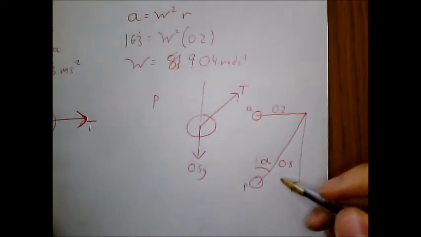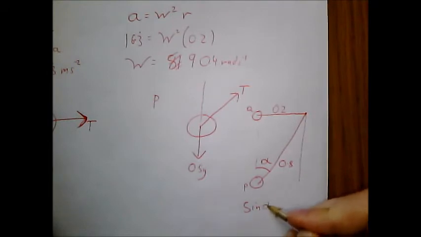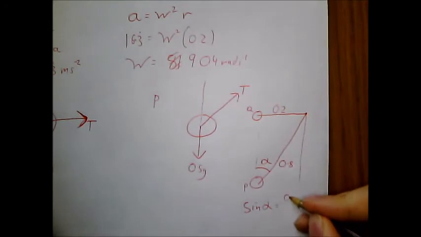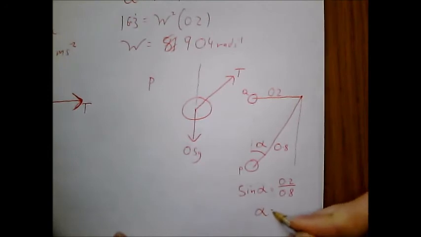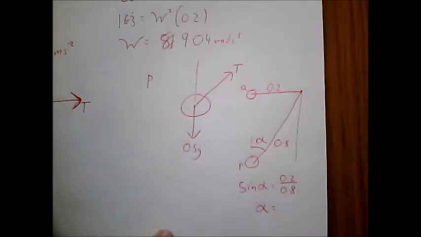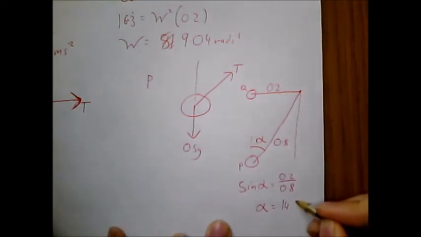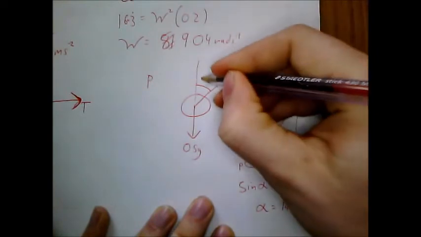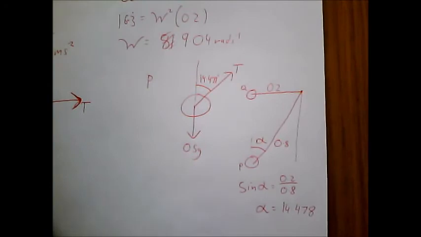Using sine alpha equals the opposite over the hypotenuse, we should find that our angle using inverse sine is 14.478 degrees.